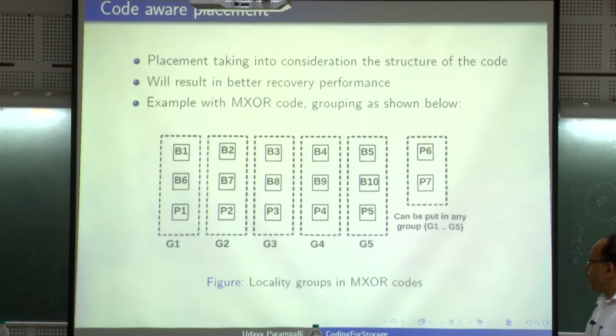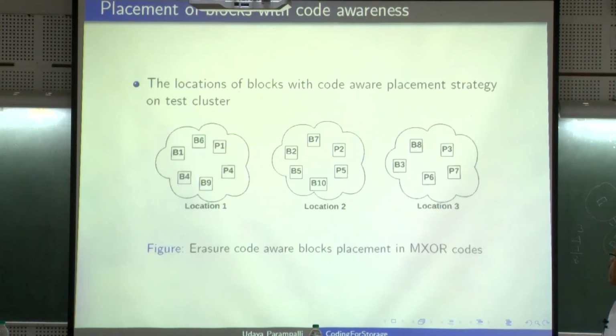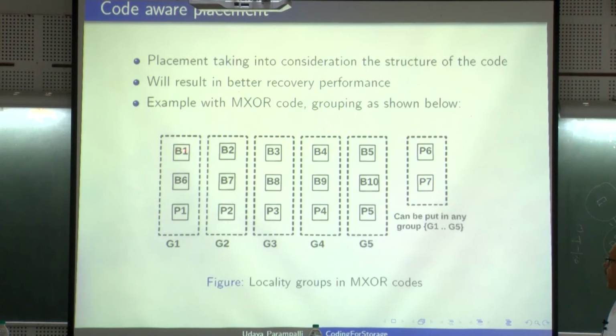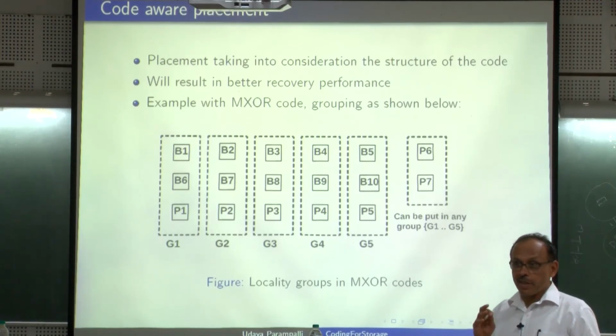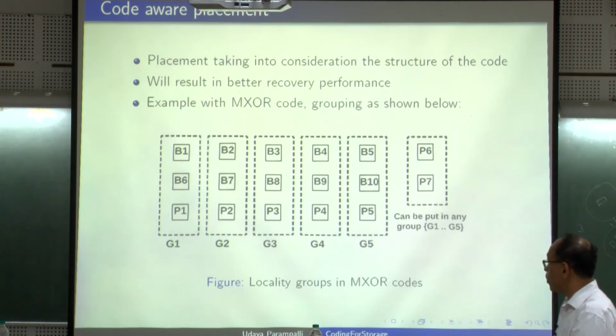In the code aware placement, in location 1, whenever we choose for example B1 in one location, we force B6 and P1 also into the same location. If I ask Hadoop to do it randomly, it will throw everything in a random fashion, but now I tell Hadoop, when you do this, please put all of them together.